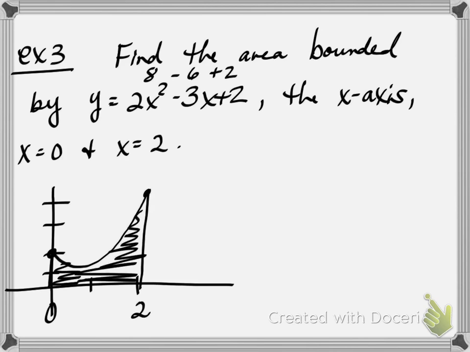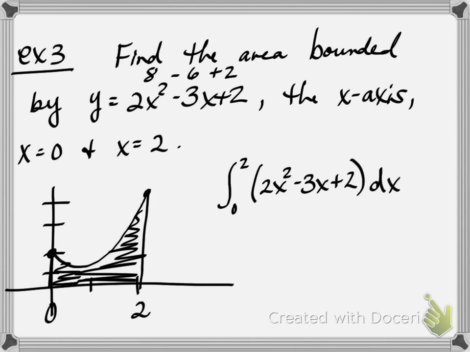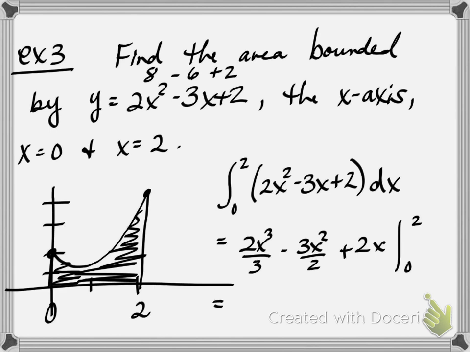But we don't have to find area that way. This problem can be written as a definite integral from 0 to 2 of our function. And all we have to do is integrate it and plug in the 2 and the 0. So it's 2x to the third over 3 minus 3x squared over 2 plus 2x, evaluated from 0 to 2.